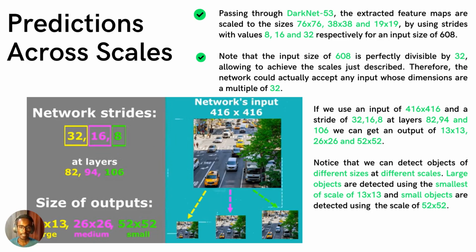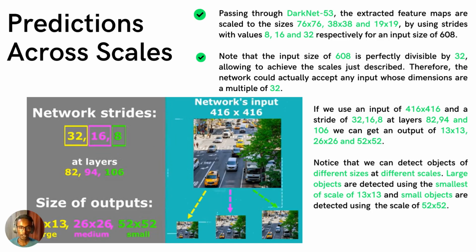And notice that we can detect objects of different sizes at different scales. That means large objects are detected using the smallest scale of 13 by 13, and small objects are detected using the scale of 52 by 52.